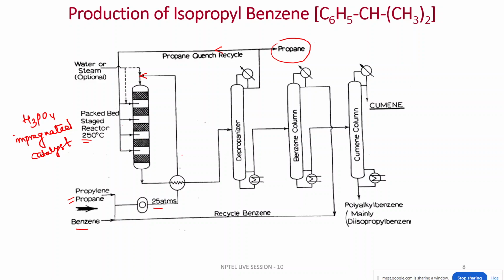Also, this polymerization reaction can be minimized by using a very high benzene to propylene feed ratio.